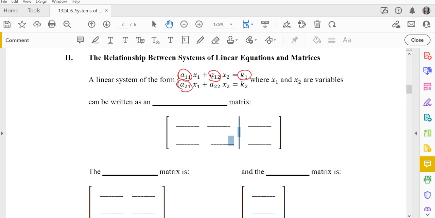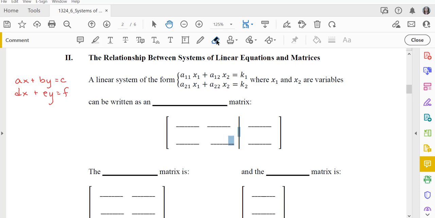And then you've got another number times x1 plus a number times x2 equals this number. In the last section we wrote it like this: ax plus by equals d, and then dx plus ey equals f. That's how we wrote a generic system with two equations, two unknowns in the last section.